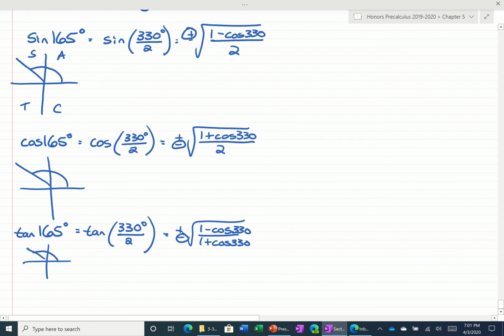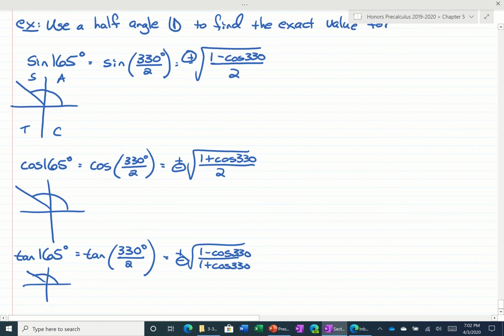Okay, well, in order to figure out the cosine of 330, we have to draw that out. 330 puts us right here, where the reference angle is 30 degrees. We have 1, 2, and root 3.